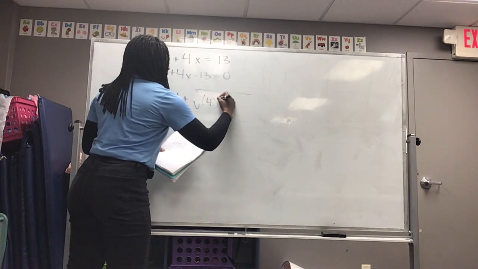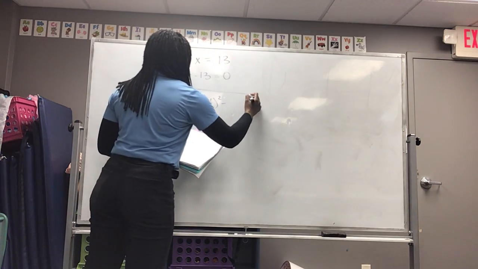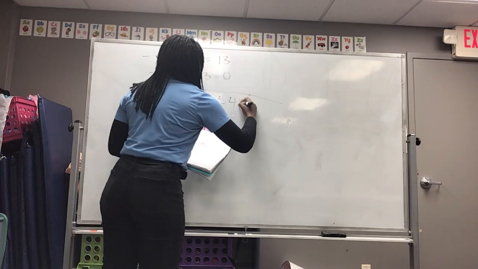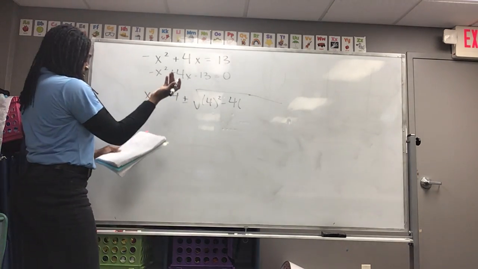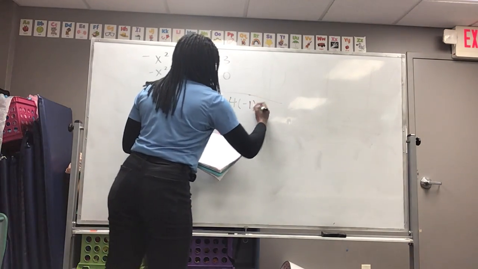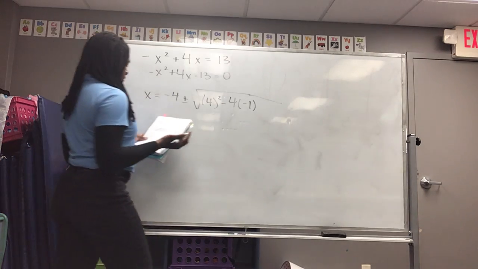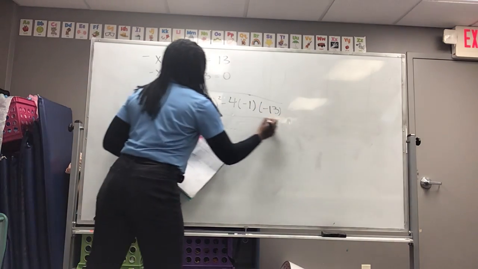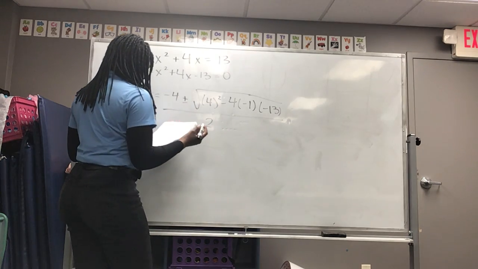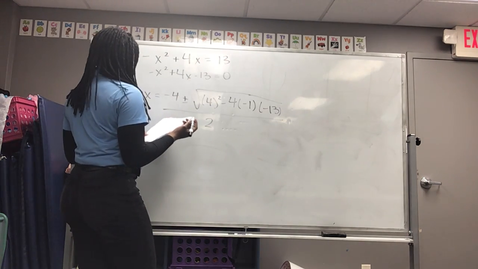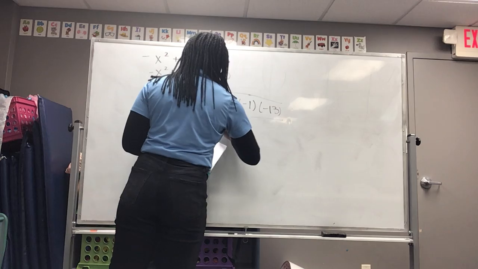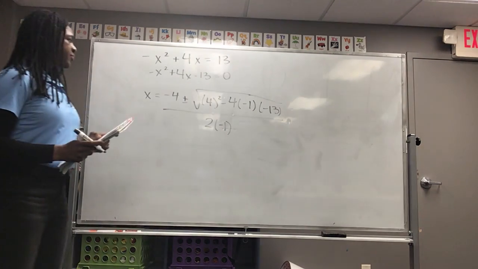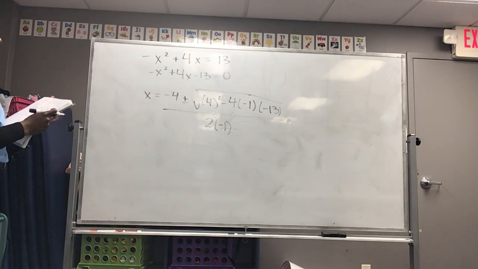So again, b is 4, minus 4 times a, which is negative 1 in this case, and then my c is actually negative 13. And then all over 2 times negative 1.